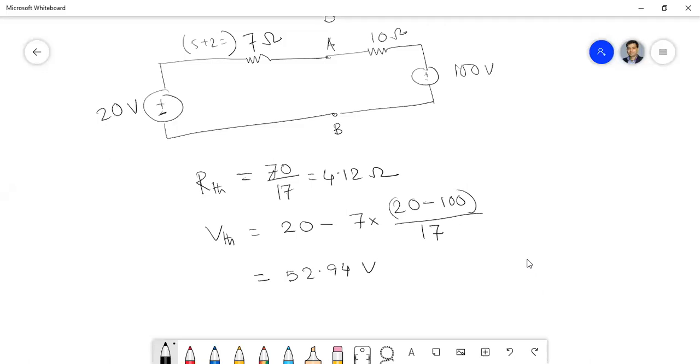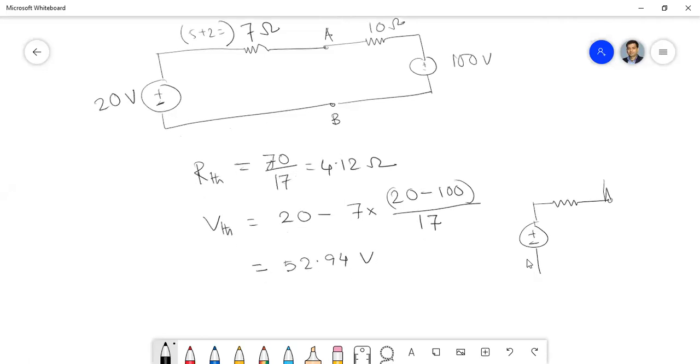Now all the things we have derived. Then we can draw a small circuit for our better understanding. Then it will be easier. Between A and B, what is the thing we are getting?